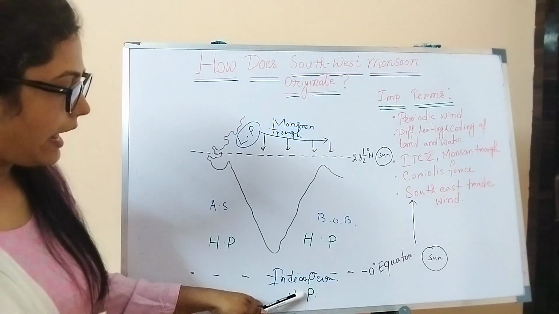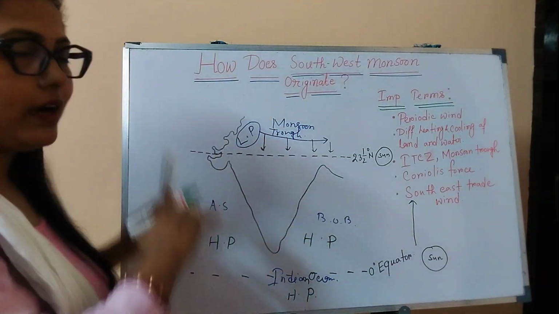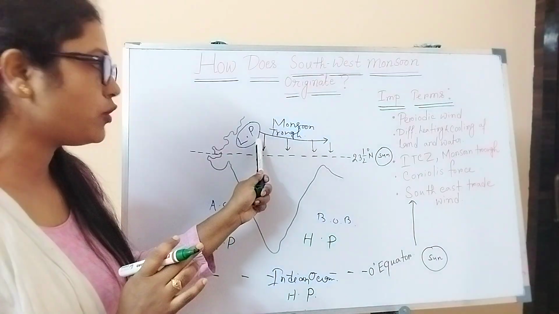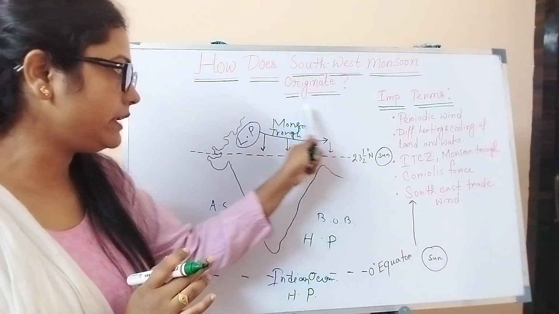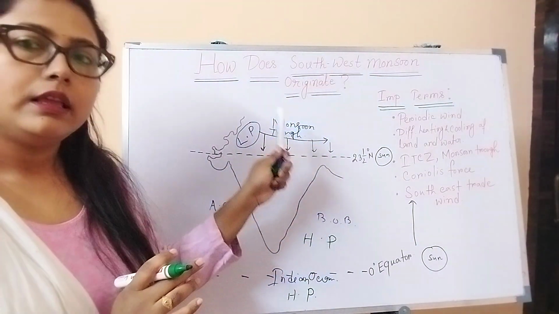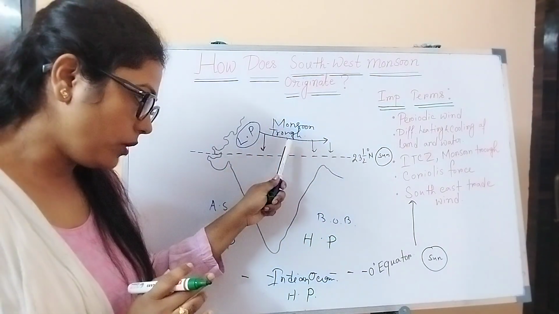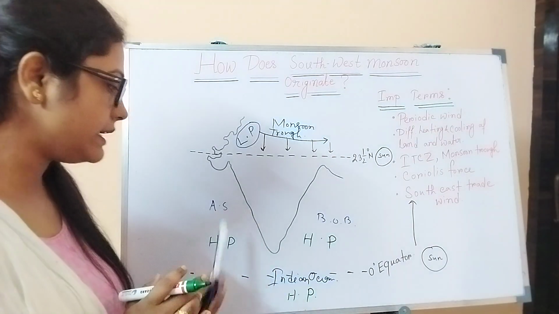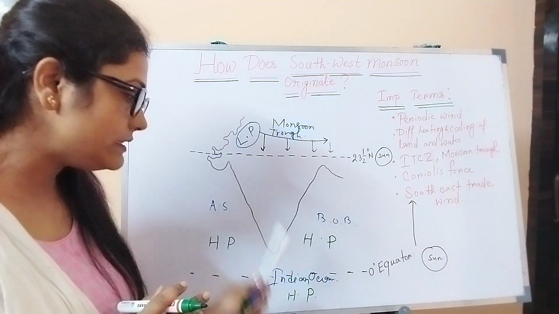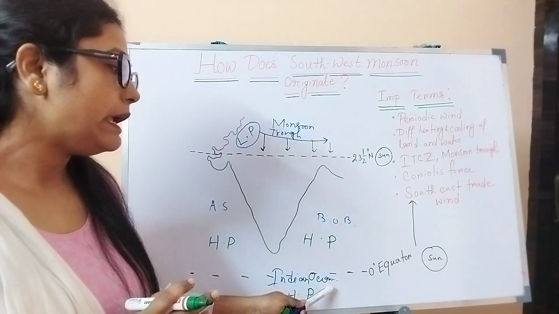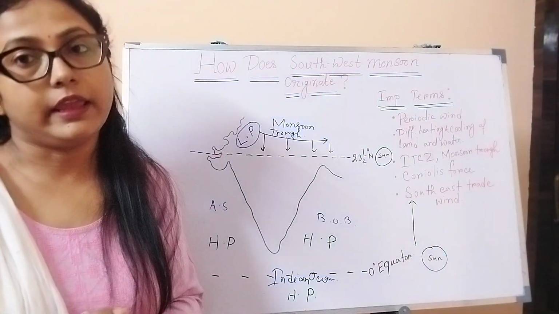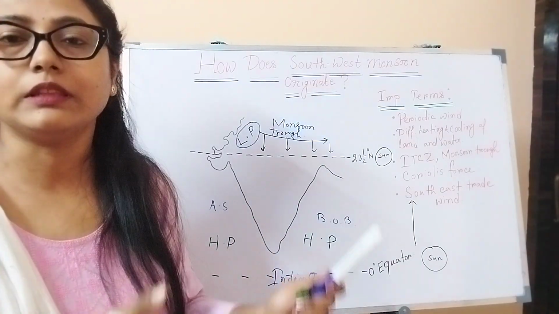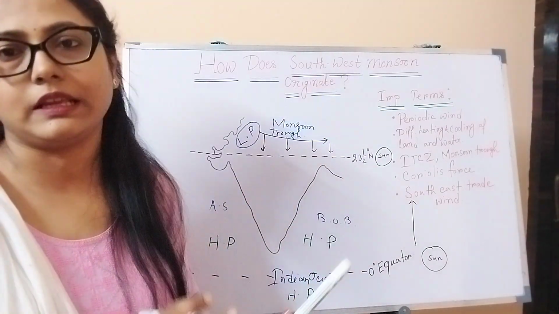Now, this part is clear, that the low pressure is formed on the landmass over the Ganga plain region, the monsoon trough, that is the depression area that is formed, and on the Indian Ocean part or Bay of Bengal, Arabian Sea, in these areas high pressure is formed, and the intensified high pressure is formed over Indian Ocean just below the equator, that means in the southern hemisphere, because those areas are not receiving the vertical rays of the sun.